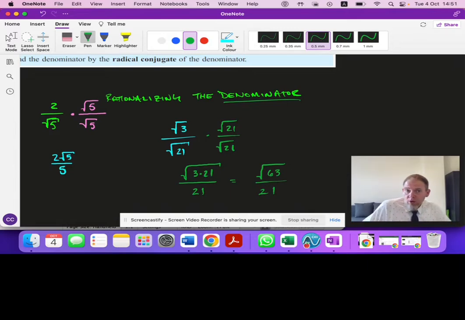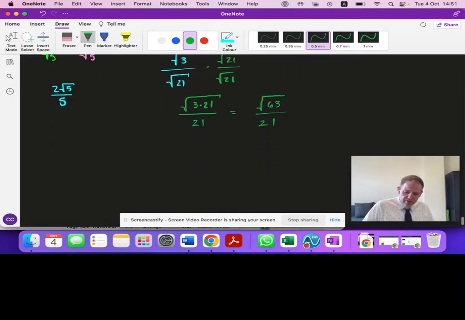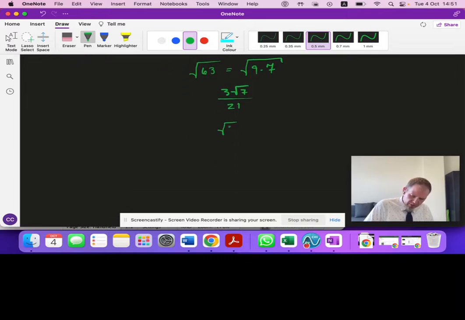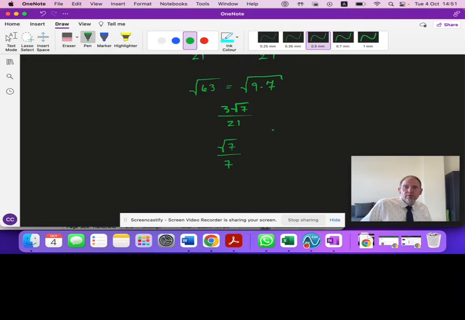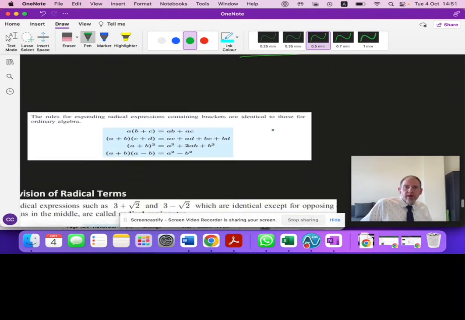Now, from there, we could actually simplify this, because the square root of 63 is the same as the square root of 9 times 7. So 3 square roots of 7 over 21, or the square root of 7 over 7. That's fine. We don't have a problem with that.